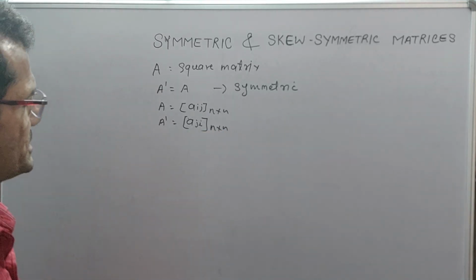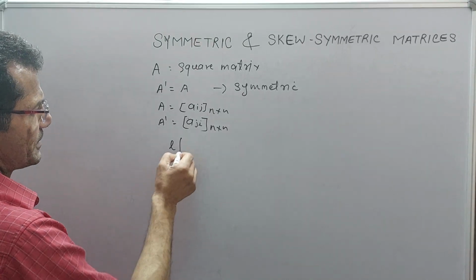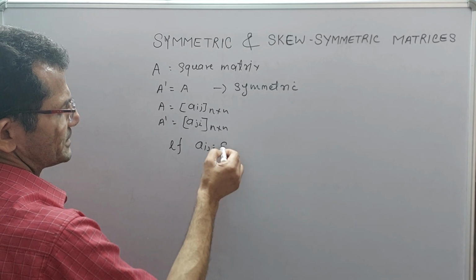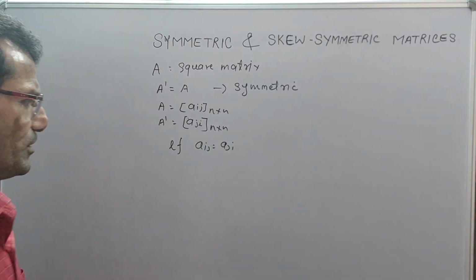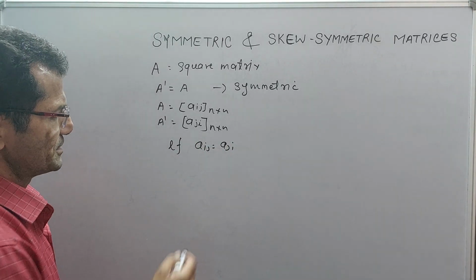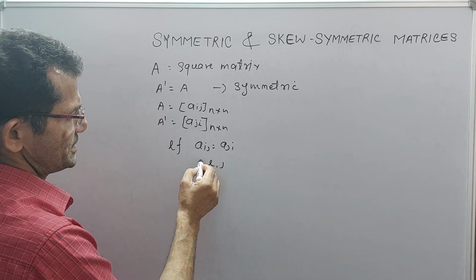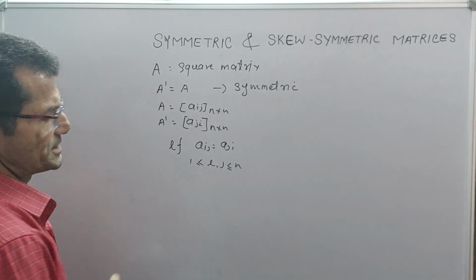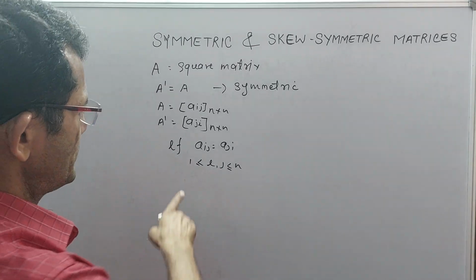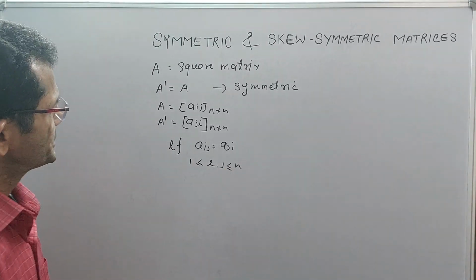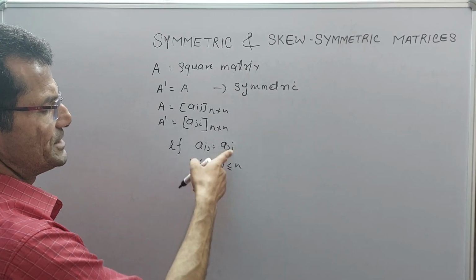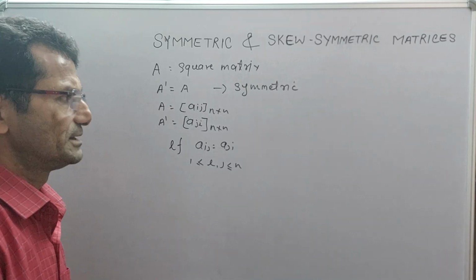According to this, if the ijth element is equal to the jith element, where i and j go from 1 to n, then the matrix is symmetric.